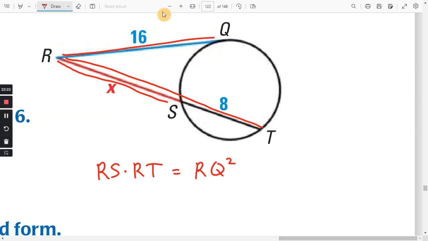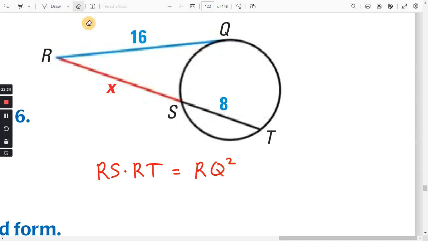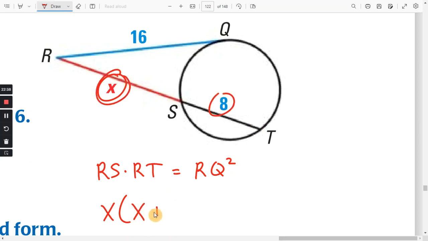Now we can just plug in the numbers. The external segment is x, so that's for RS, and that's times RT. The whole thing is going to be x plus 8, so you need parentheses.